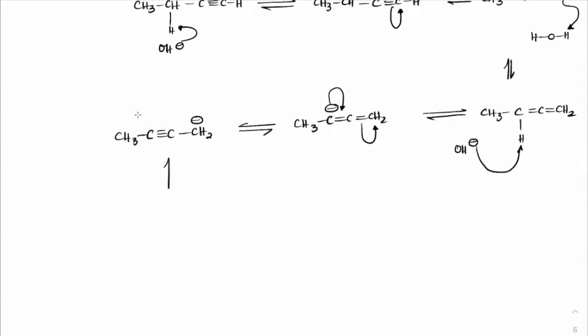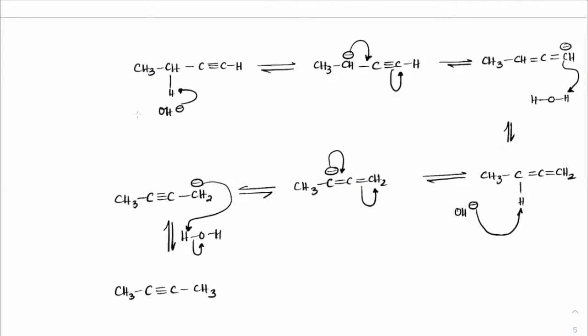Once we get that, the H2O which is formed will extract the H plus, and it gets protonated to form CH3, C, CH3. This is the final product which is formed. So from less substituted to more substituted, if you want to make it, then this is the reaction that is going to happen.